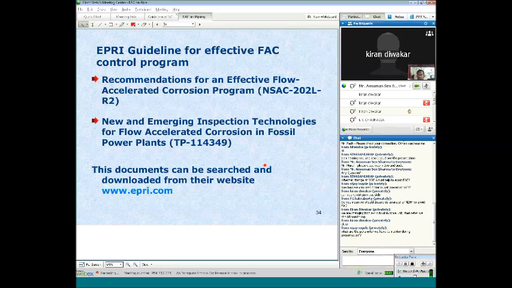We cannot use N2H4, right? As I told you, if you want to know more about AVT(O), then we can discuss that afterwards on some other occasion. But yes, in AVT(O), oxidizing all volatile treatment or oxygenated treatment, N2H4 actually increases the FAC to some extent.